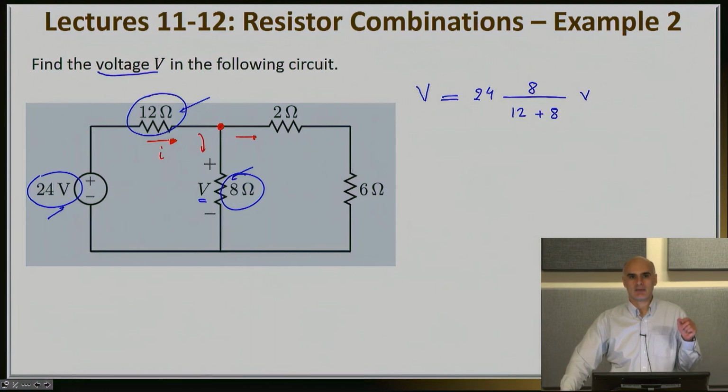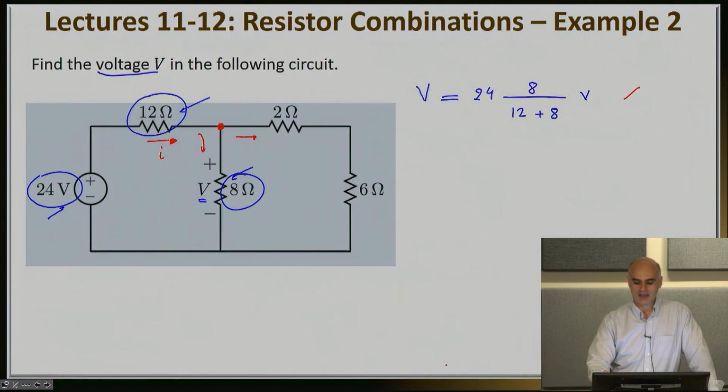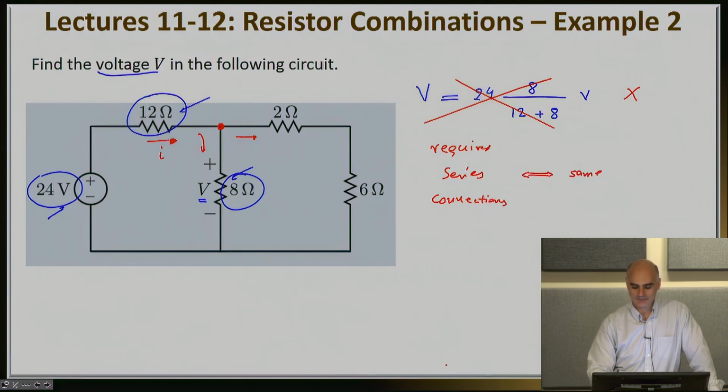So precisely because of that choice, precisely because of the existence of that node that will allow the current to split, the two resistances are not connected in series, and therefore applying the voltage division formula you see right here would have been totally incorrect. That formula requires series connection, as I'm writing here, which means it requires same current through the resistances.